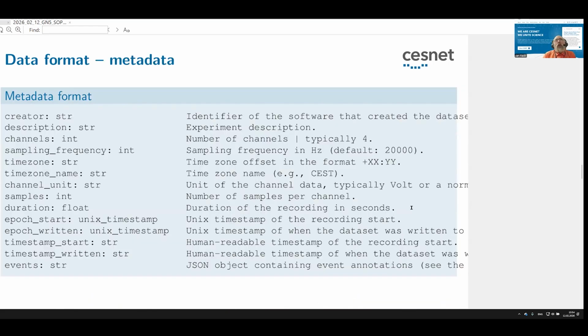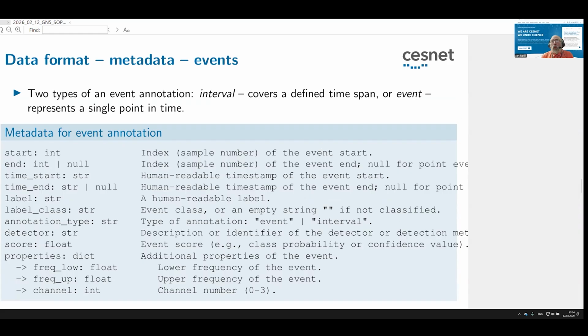Again, data format and metadata, I think it's quite self-descriptive. You have creator, description, number of channels. There is typically 4 for SOP. There would be much, much more for DAS, sampling frequency, etc., time zone. So definitely this is perhaps not so critical, but important. And we also have definitions for 2 events.